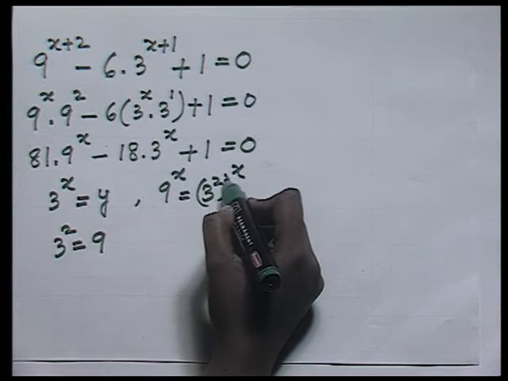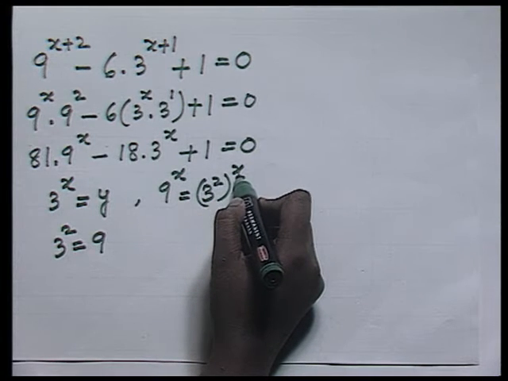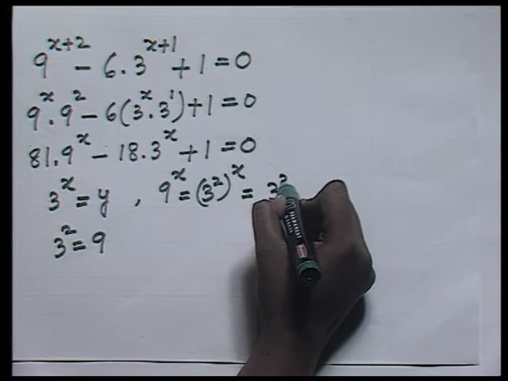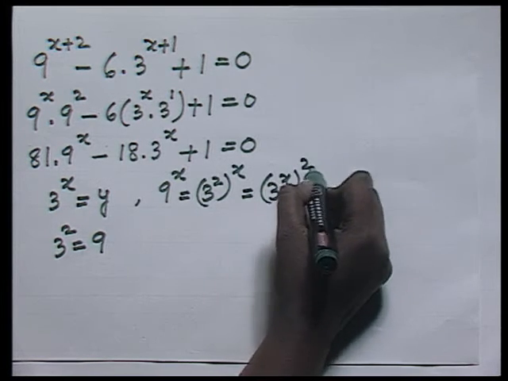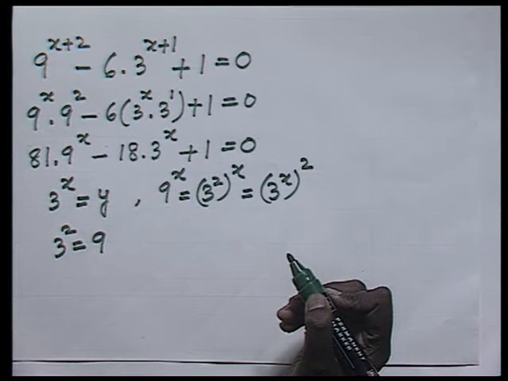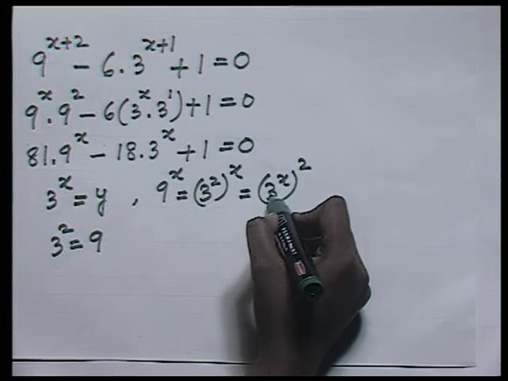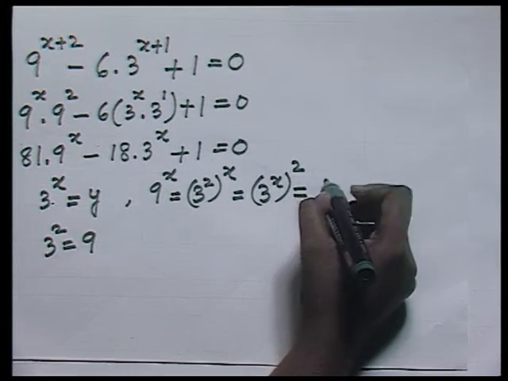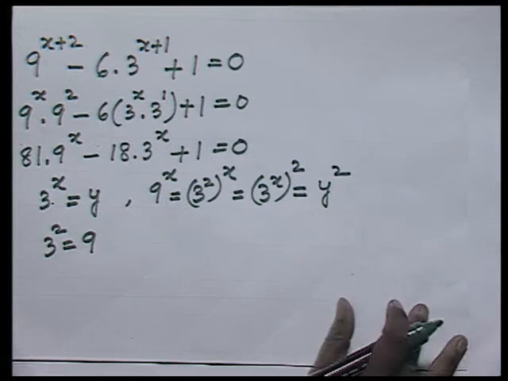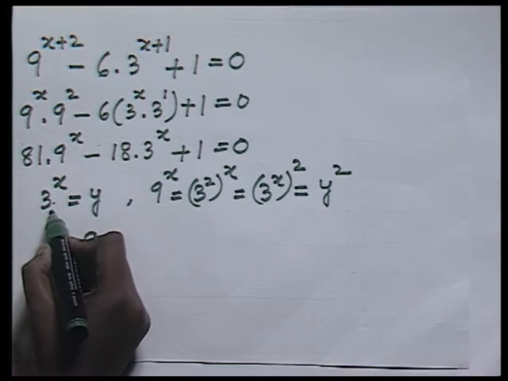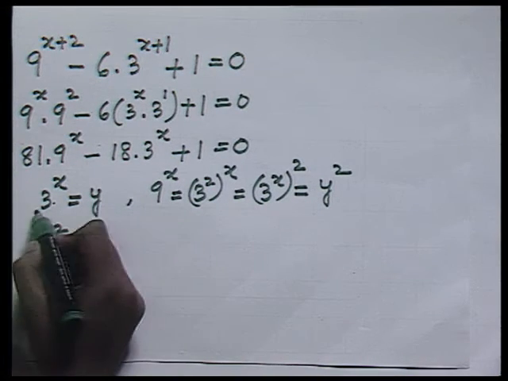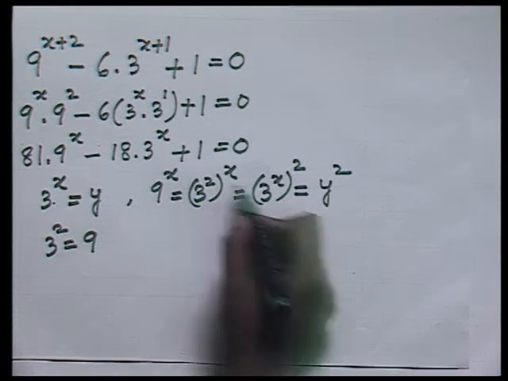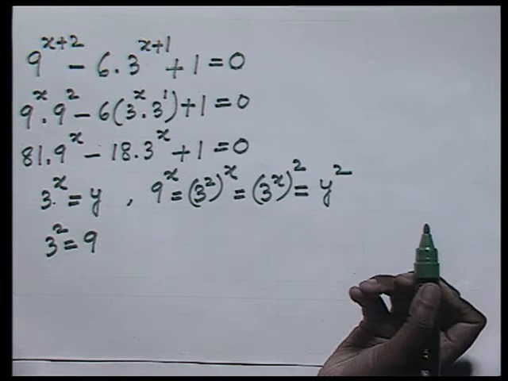Now, since we know that in real numbers multiplication is commutative, so I can write this as 3 raised to the power x whole raised to the power of 2. And since 3 raised to the power x is y, so this expression can be written as y square. Thus, we find that if we substitute 3 raised to the power x as y, then 9 raised to the power x can be written as y square.